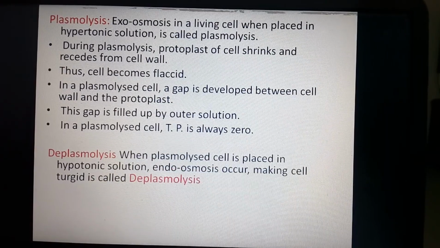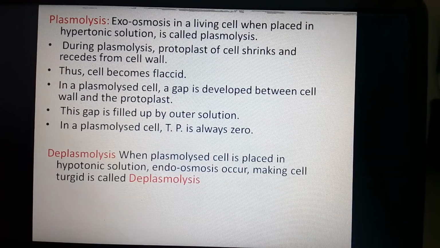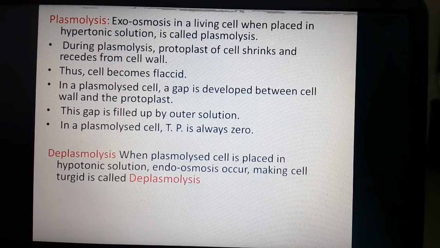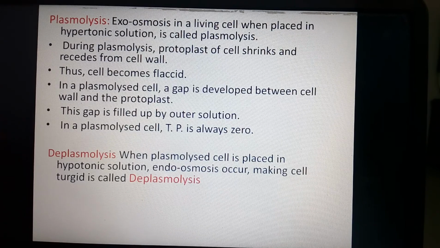Then if we place the same cell into a hypotonic solution, water enters from the external medium towards the cell cytoplasm, and this is called endosmosis.